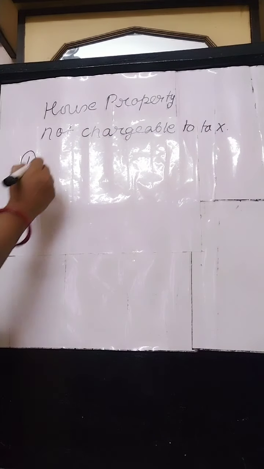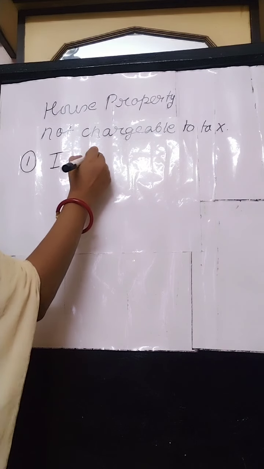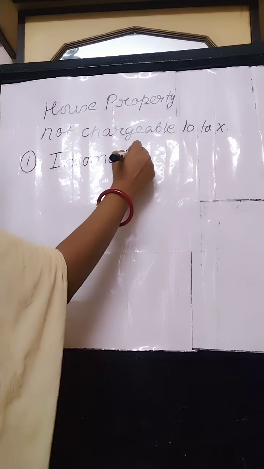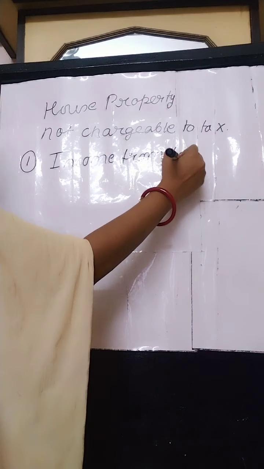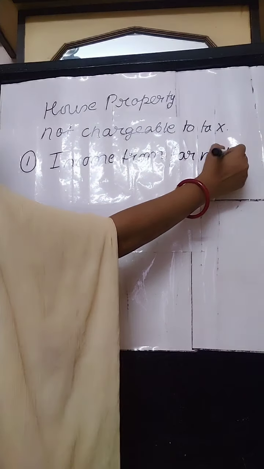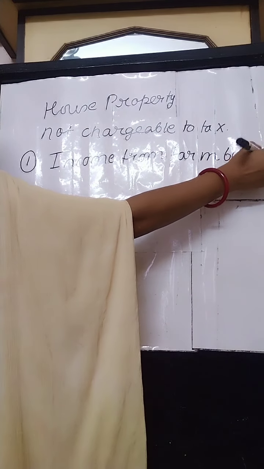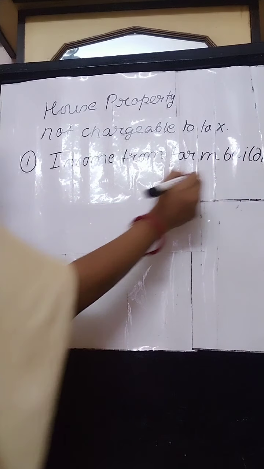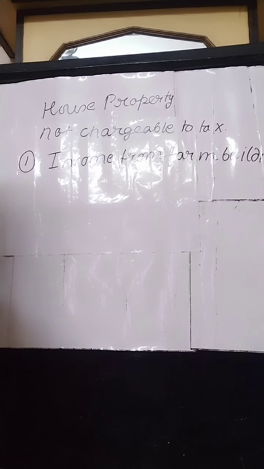So income from farm building is a part of agricultural income, and this will not come under house property.